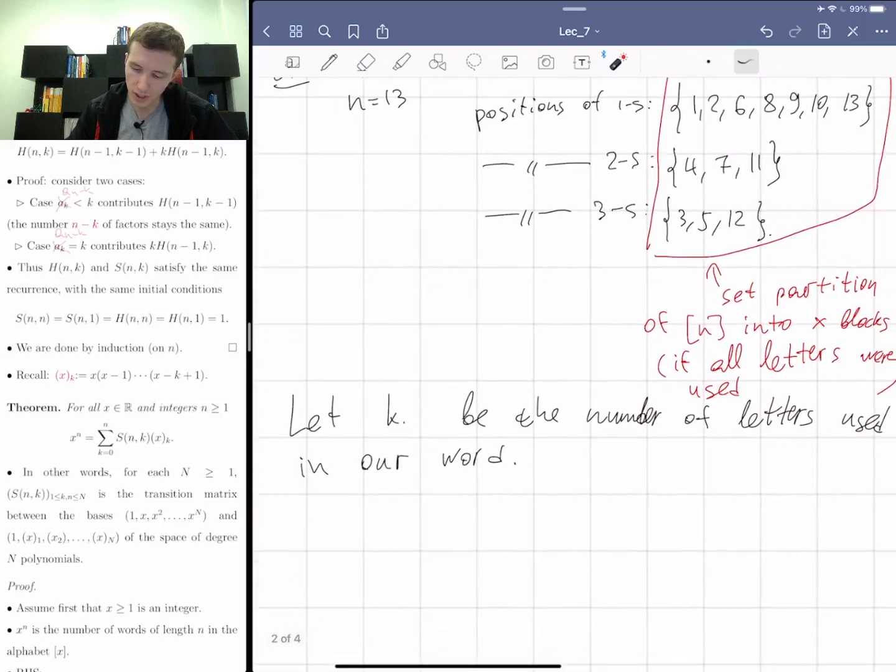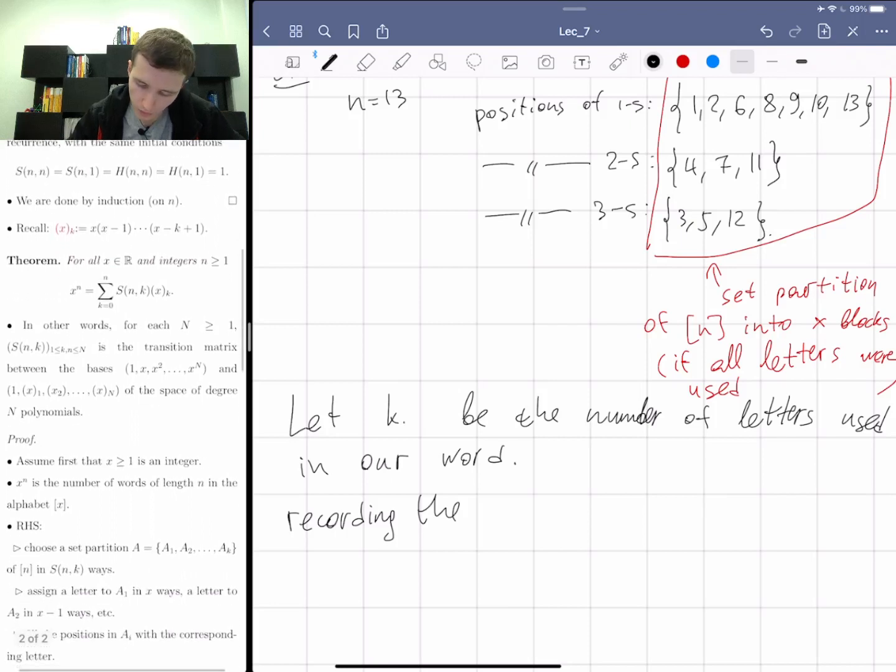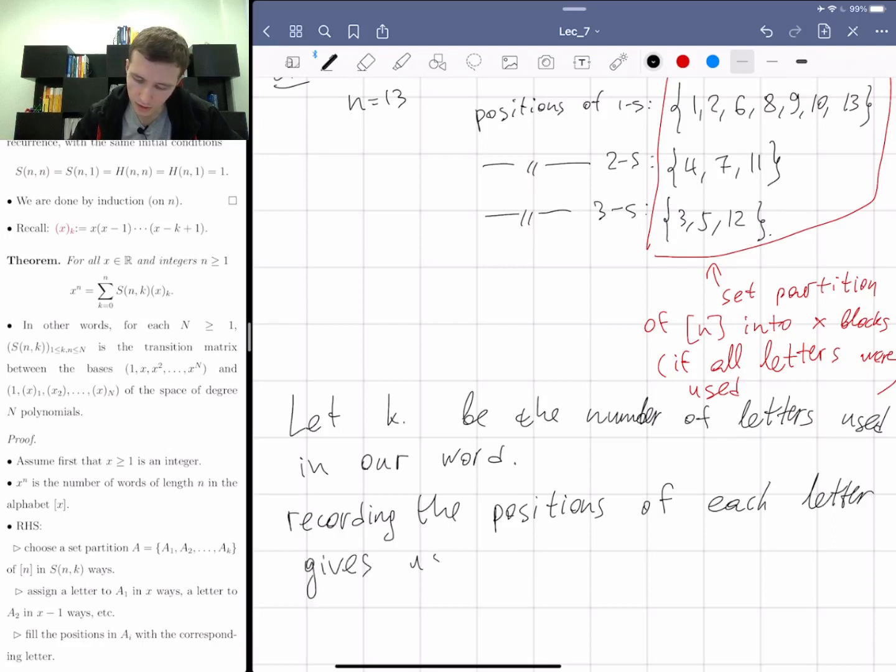Then I wouldn't get an honest set partition, because I would have only one block. The letters could be arbitrary, but still, recording the positions of each letter gives us a partition of bracket n into k blocks.